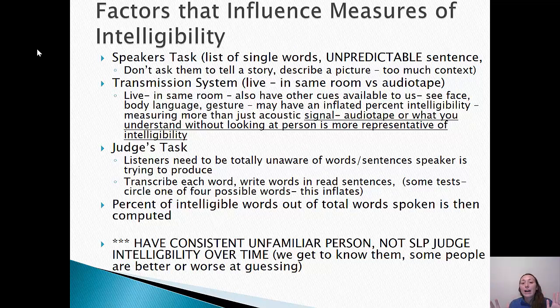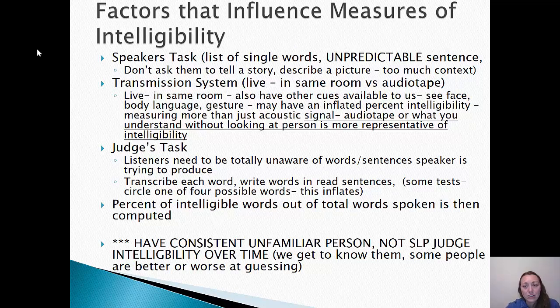So when you're taking intelligibility, in the most authentic way, which is not the reality of the real world, you want to take away all those other pieces. So if you're doing unpredictable sentences, for example, consider just listening and not looking at the patient, all of those other factors, because we're going to look at comprehensibility, which uses all those factors in another way.